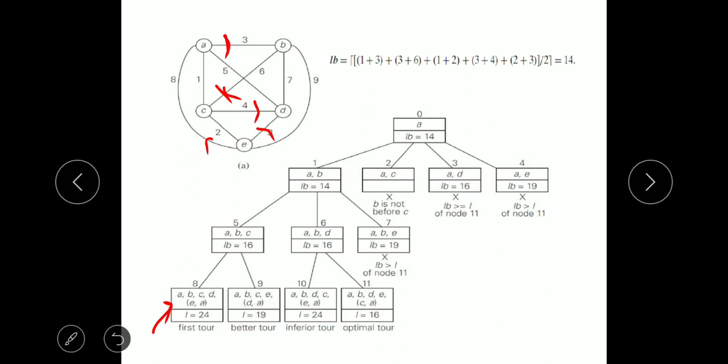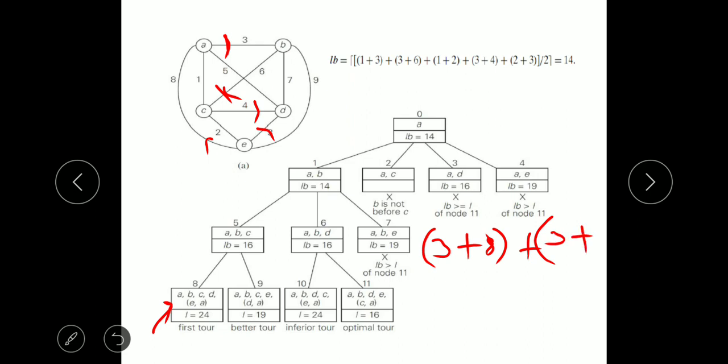We have an edge AB included in the Hamiltonian cycle. So the cost is 3 plus we have an edge EA in the Hamiltonian cycle. So the A to E edge has to be included. So the cost is 8 plus, moving on to vertex B here, we have an edge from A to B included in the Hamiltonian cycle. It means that B to A is also to be included.